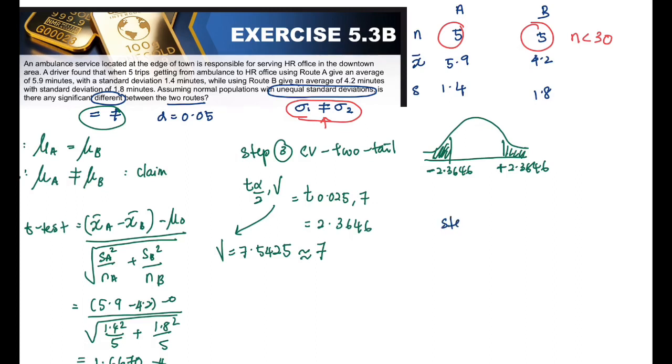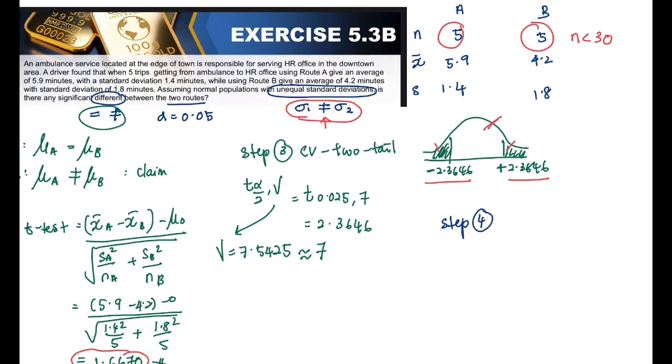Step 4. Reject or accept H null? Look at here. Our t test is 1.6670. Is it in the shaded region or in the unshaded region? 1.6670 lagi kecil daripada 2.3646 dan lagi besar daripada negatif 2.3646.